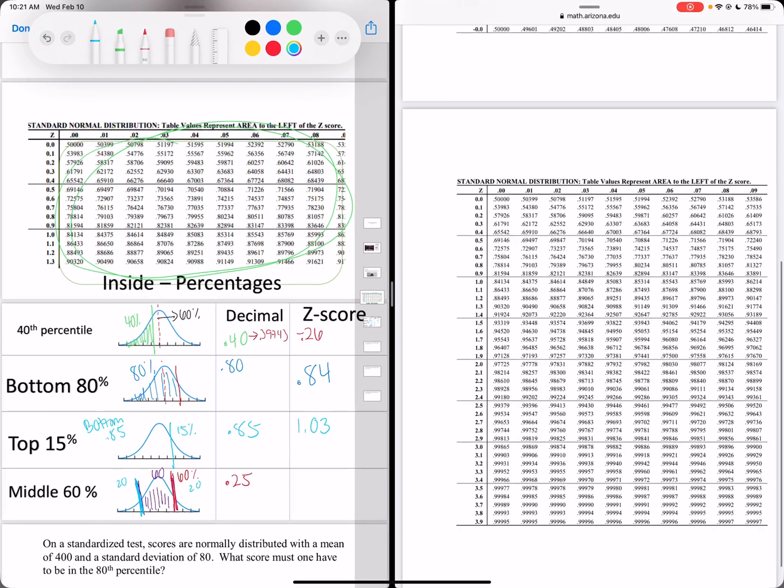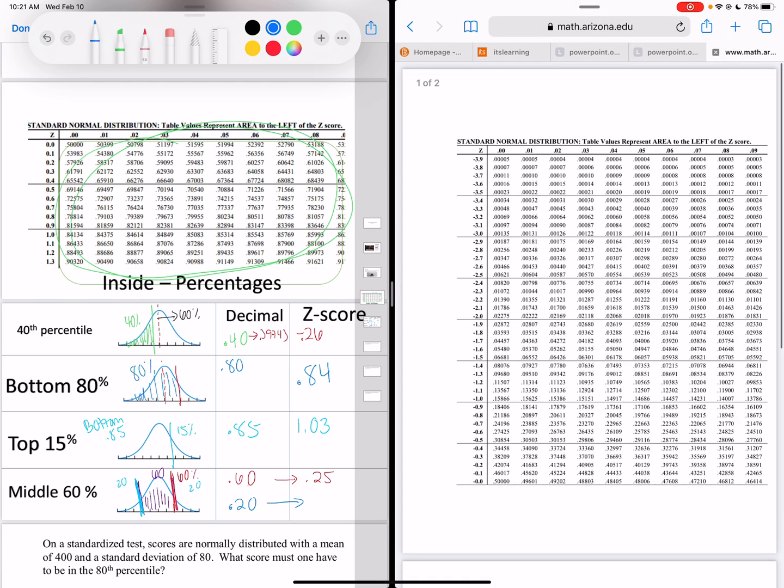So now I'm looking for 20%. I accidentally wrote this incorrectly. So this is going to be 0.60 is what I looked for in my graph for that red line, and that gave me a z-score of 0.25. Now for the other side of it, I'm looking for 0.20, and then I'm going to find the value that's closest to 0.20 without going over.